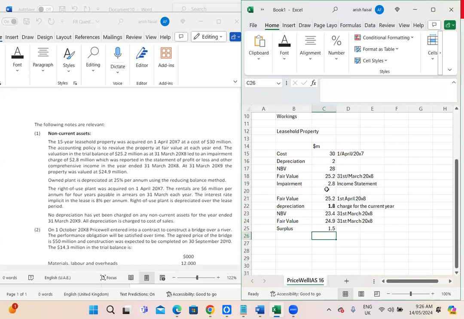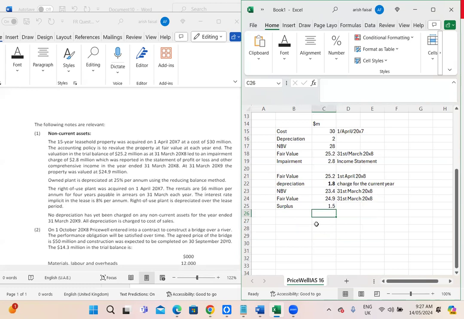You also have to be careful that when there is a reversal of impairment, you need to check with this rule: the asset cannot be revalued at a higher amount than it would have been if the impairment had not been charged in the first place.